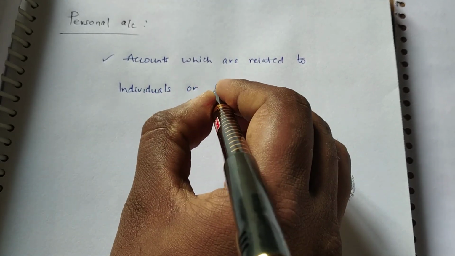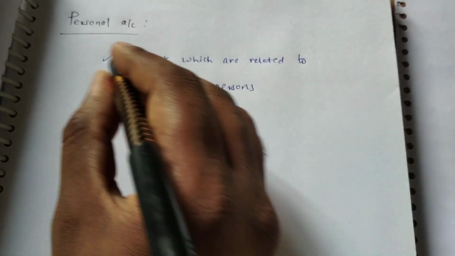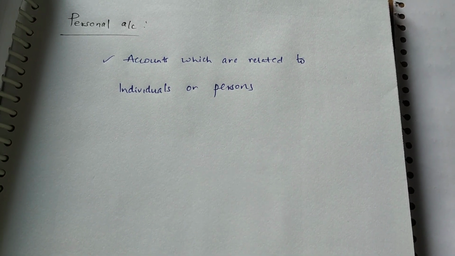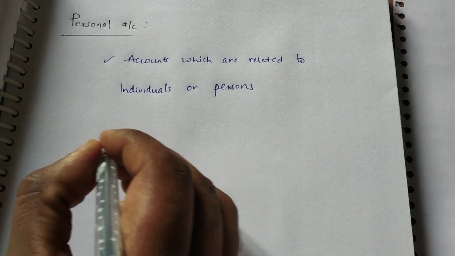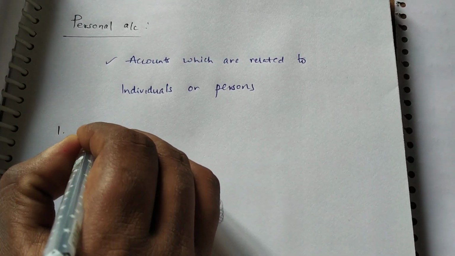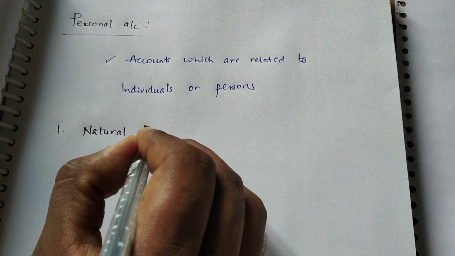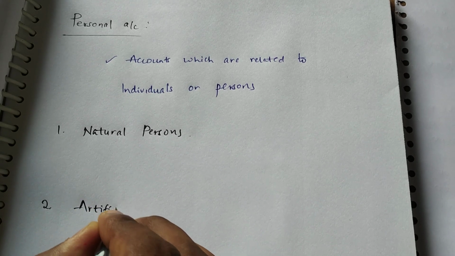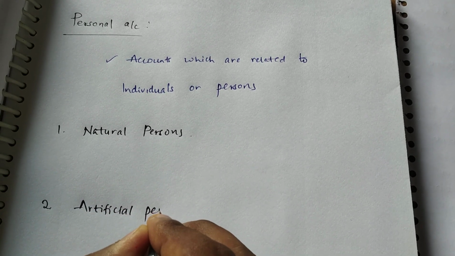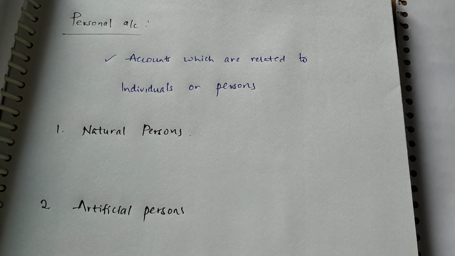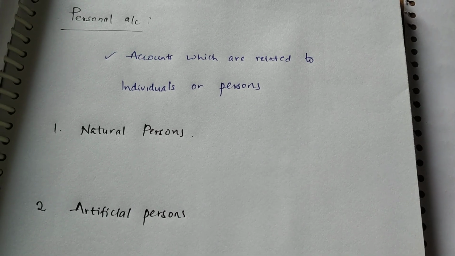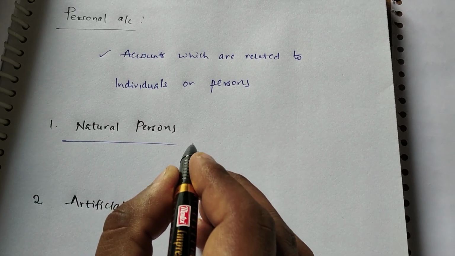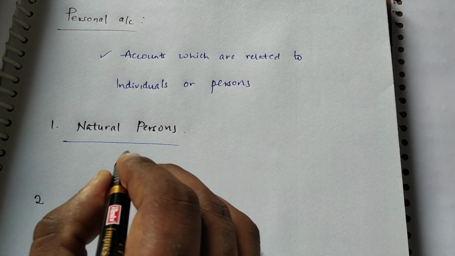Personal accounts include natural persons and artificial persons. Natural persons are nothing but human beings, individuals. Accounts related to human beings are called natural persons.